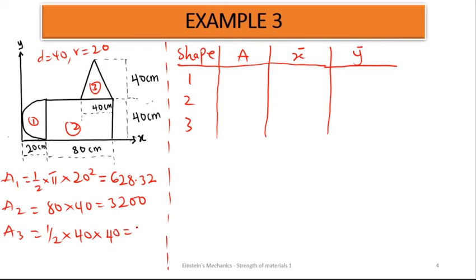So I have 628.32. This is in centimeter squared, and 3200 and this is 800.